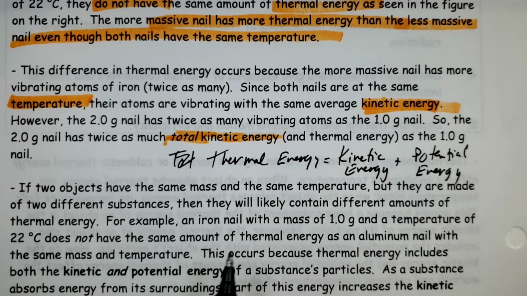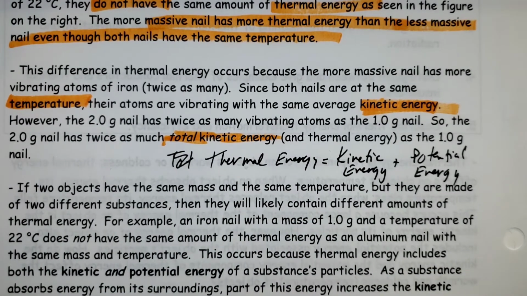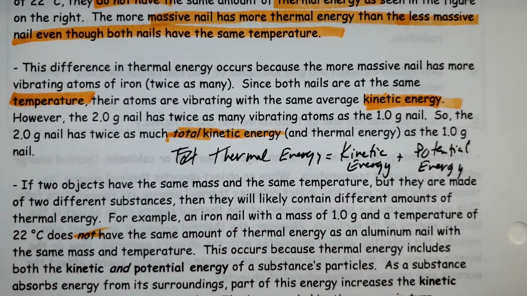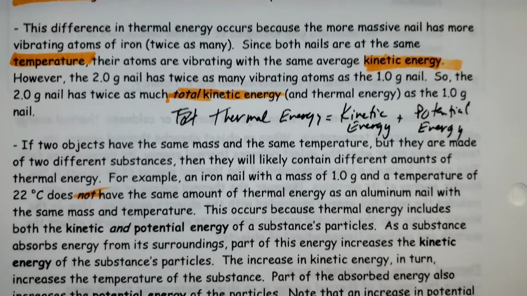So for example, an iron nail that has a mass of 1 gram at 22 degrees C does not have the same amount of thermal energy as an aluminum nail at the same mass and same temperature. This occurs because thermal energy includes kinetic and potential. As a substance absorbs energy from its surroundings, part of the energy increases the kinetic energy.